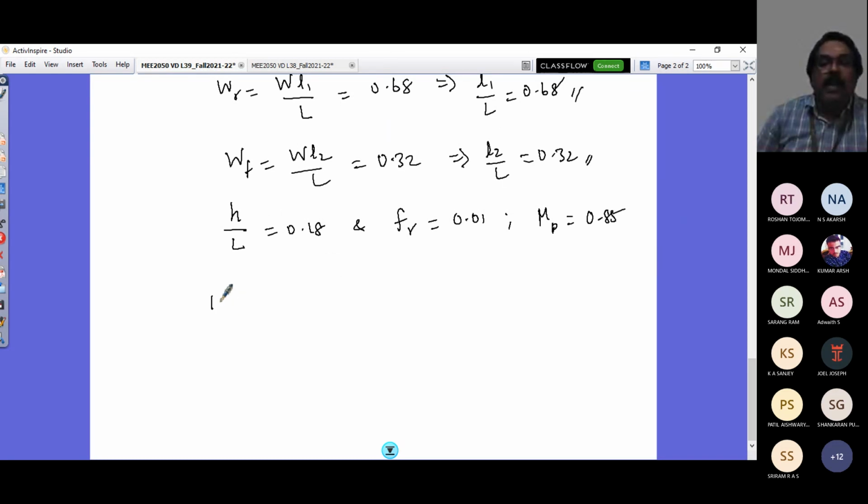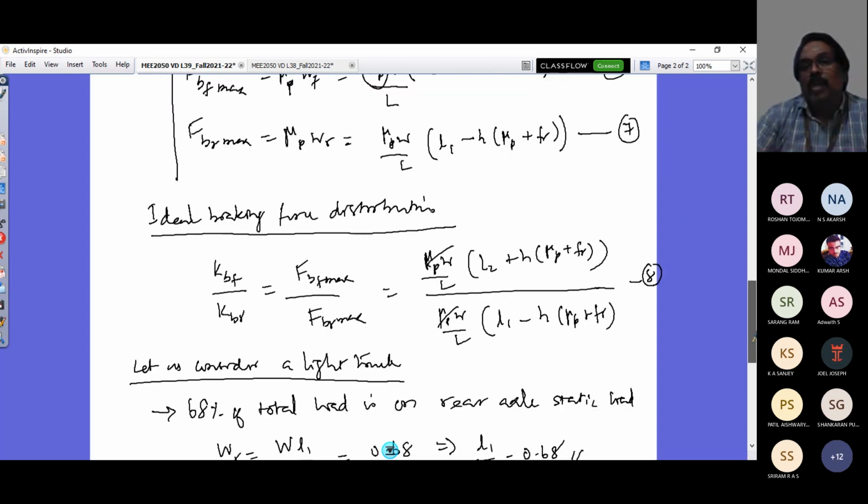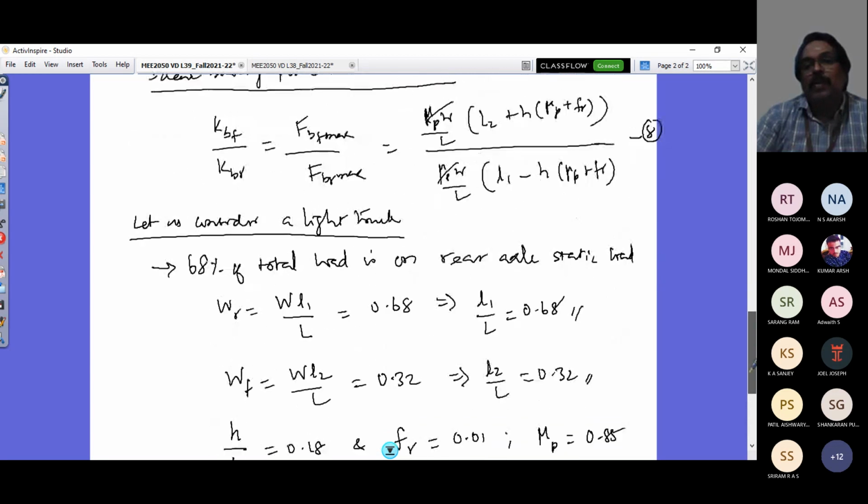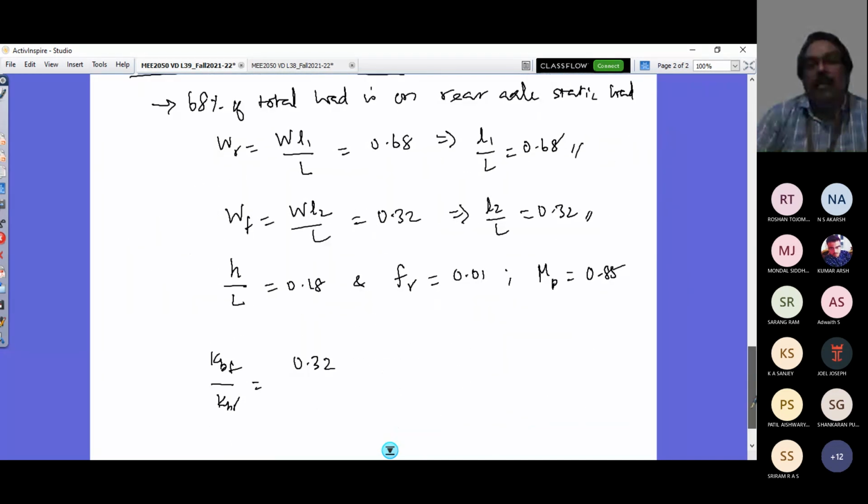So KBF by KBR would be equal to 0.32, because in the numerator it is L2 by L, which is 0.32, and L1 by L is 0.68. Substituting that, I have 0.18, that's H by L, and inside I have μp, which is 0.85, and my rolling resistance coefficient 0.01.